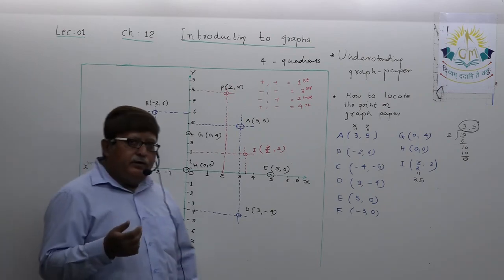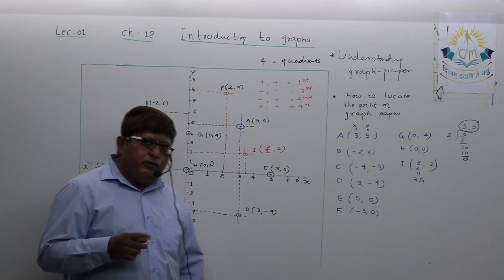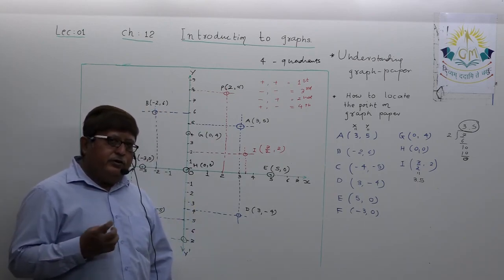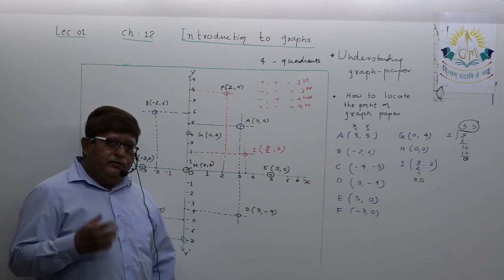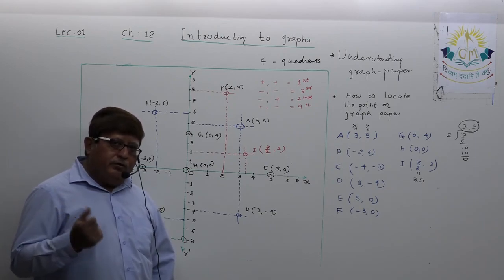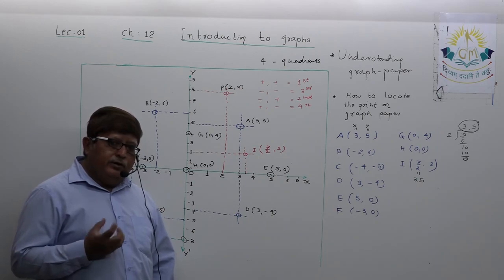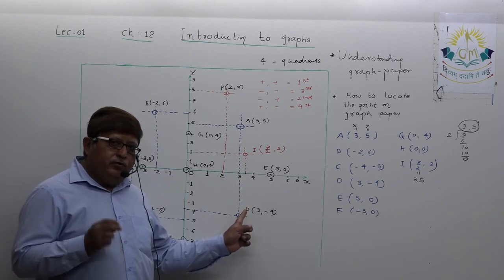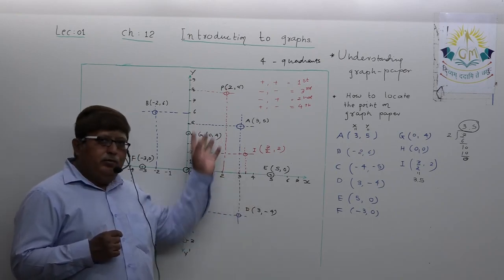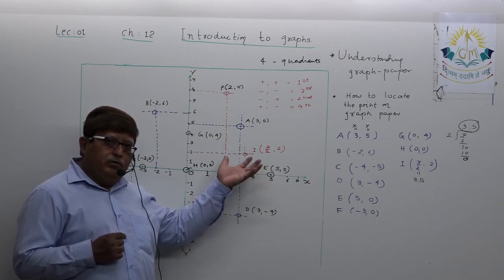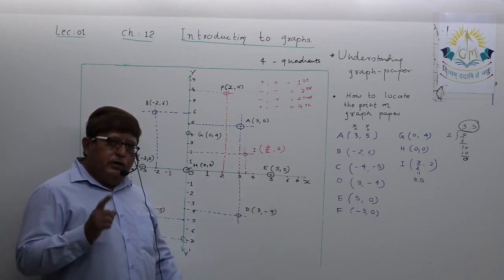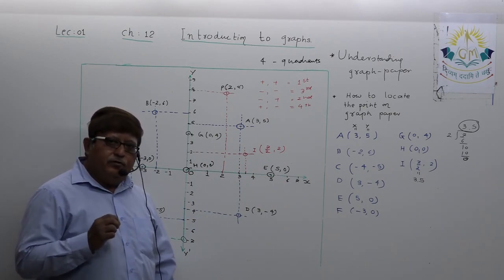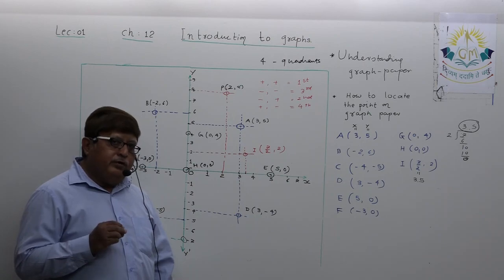As we started today, before the start of the lecture, I told you that if you want to master this particular topic, and understand it for the further upper standards also, 9th and 10th, you need to develop your complete strength in this basic. You should not stop anywhere. How to prepare the graph paper, how to locate the points, how to understand the location of the point. That is very, very important for you.